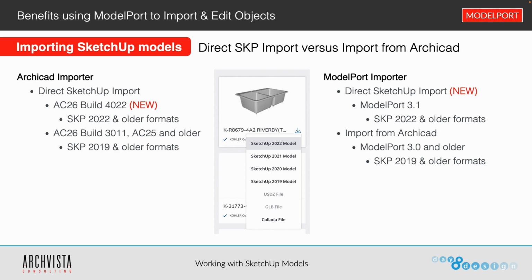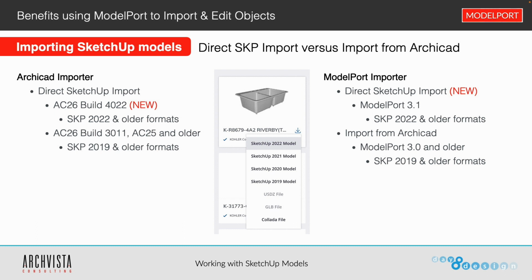So, for example, this summer we could access SketchUp 2019 model format and older model formats, but not 2022, 2021, or 2020. So the most recent update to ArchiCAD now enables us to access the most recent format for SketchUp, which is great.